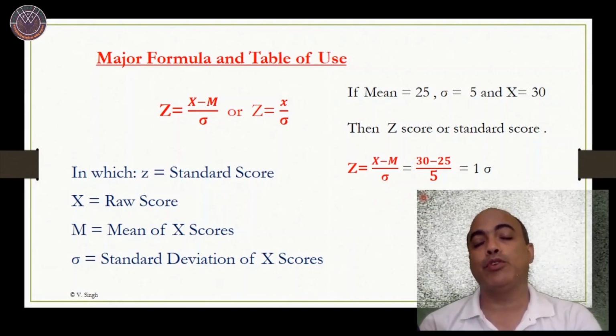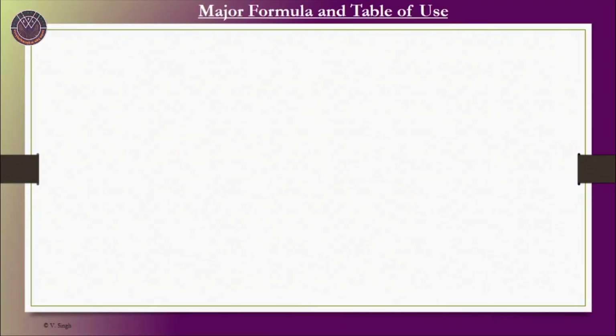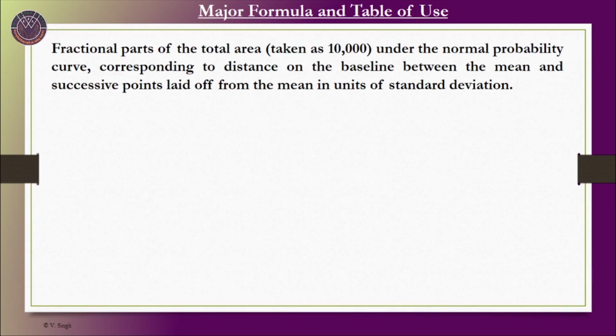normal distribution curve. The other main object or table used for solving problems based on this formula is the table of area or percentage of the entire distribution in correspondence to the Z score values. The table of areas of the normal probability curve is referred to find out the proportion of area between the mean and the Z score.